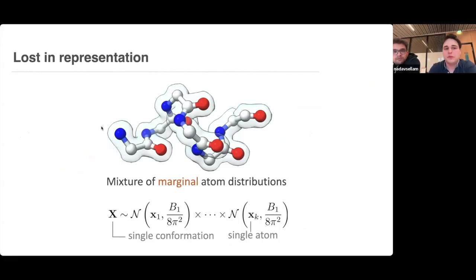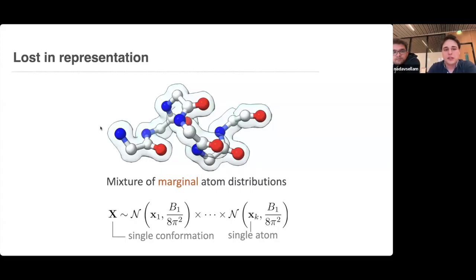This representation represents the protein as a mixture of marginal atom distributions. Each atom is represented by a center and a B factor. The joint atom distribution is not modeled as it is very complicated, but if we would sample from the distribution of atoms while neglecting the joint distribution, meaning no covariance, we would get non-physical protein structures.